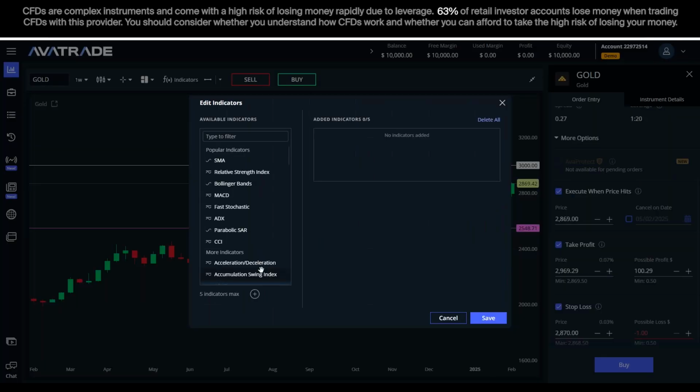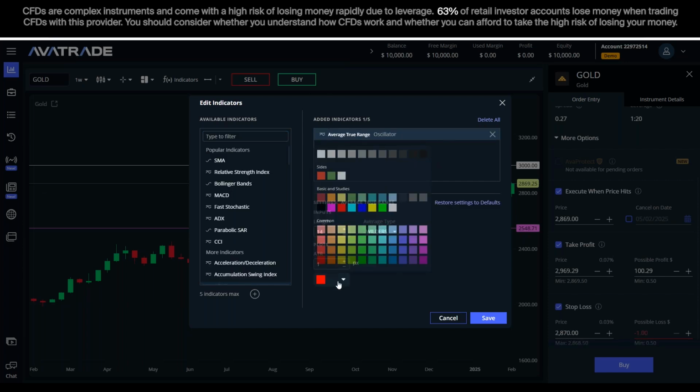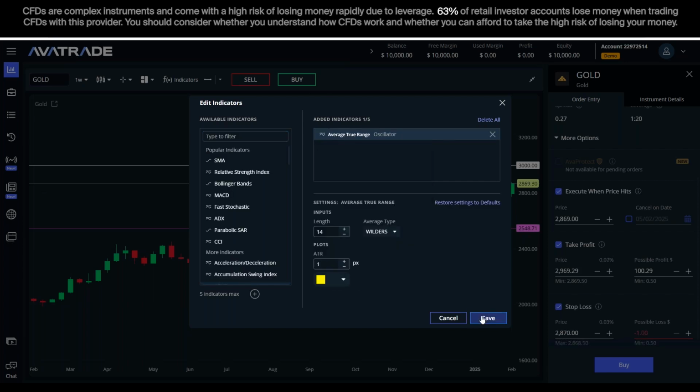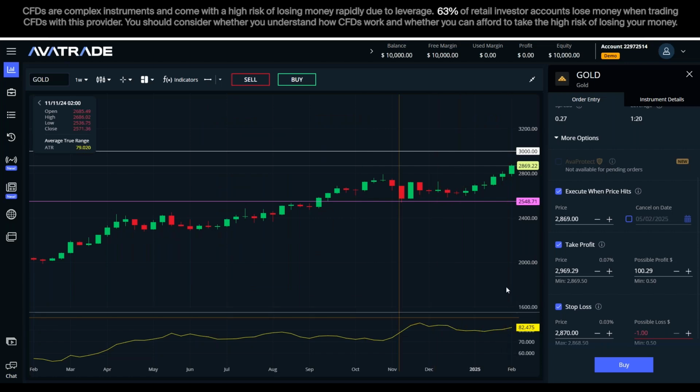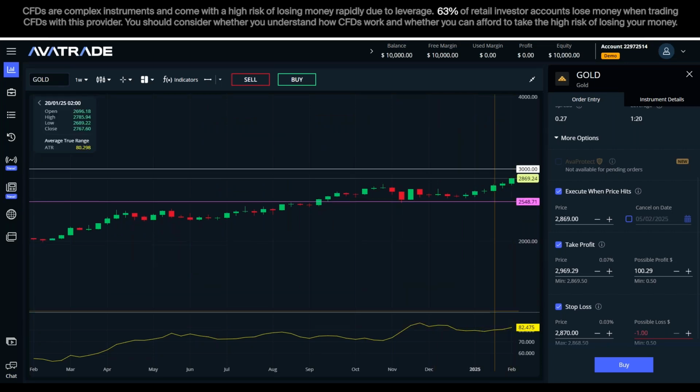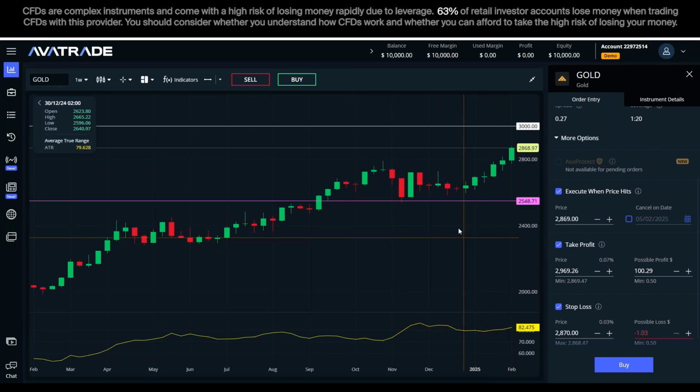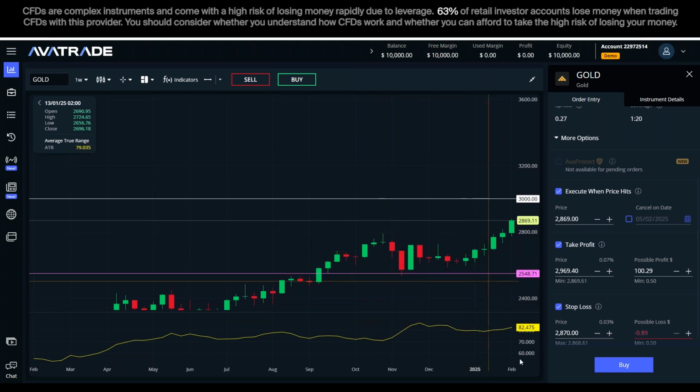We'll click here on FX indicators, and where it says type the filter, we'll search for average true range, ATR. Click and drag it to the empty frame to the right. In here, we can also change the color to be different from what we have on the chart. And with the numbers we have here, we see that the average movement is actually much higher, $82.